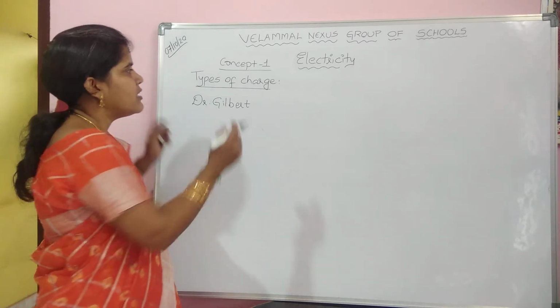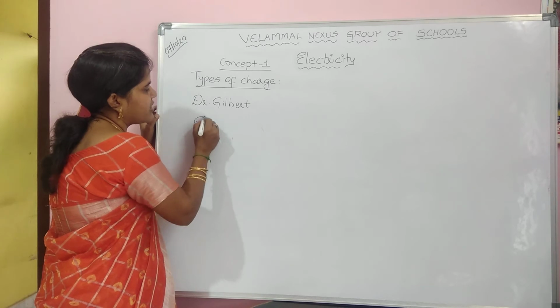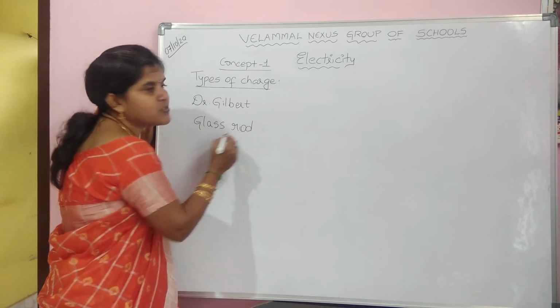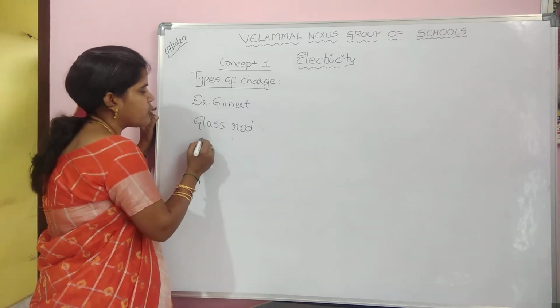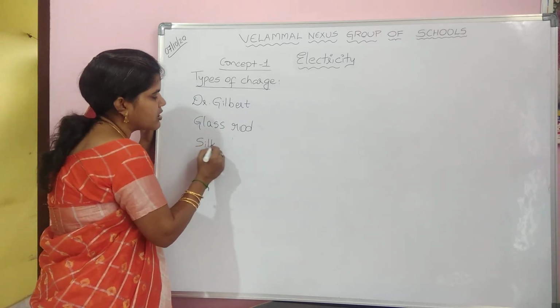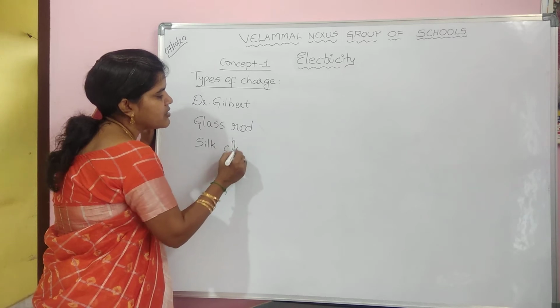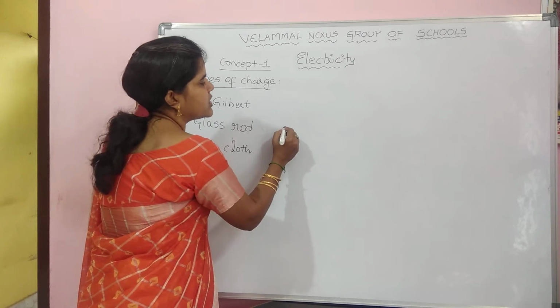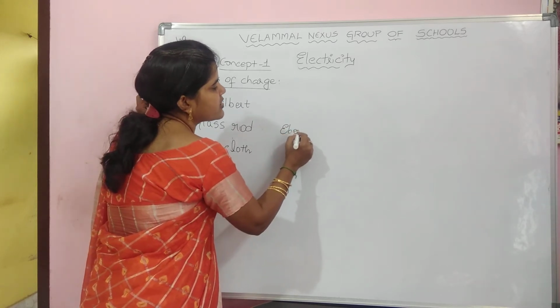For example, you take a glass rod. Glass rod should be rubbed with a suitable substance. Which is suitable? That pair is also given: silk cloth. If glass rod is rubbed with silk cloth, what will happen? We'll see. The other combination is ebonite rod. What is ebonite rod?